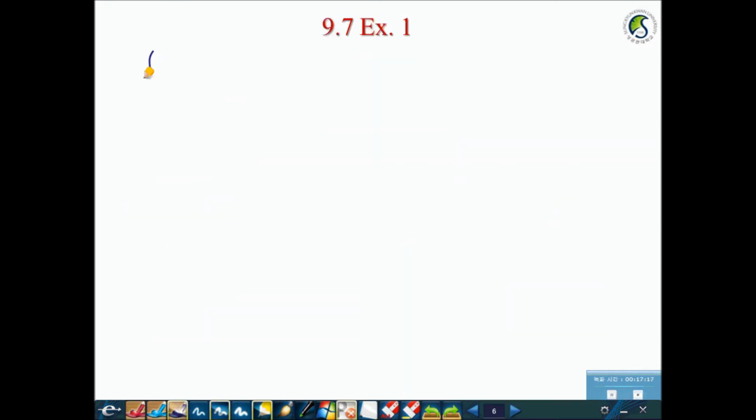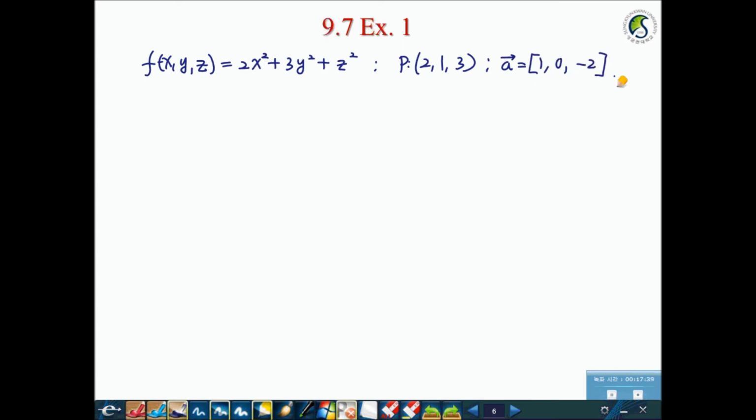All right, so f of x, y, z is 2x squared plus 3y squared plus z squared, and P is (2, 1, 3), and the direction vector A is (1, 0, -2). So let's get the directional derivative, D_A f of P. It's a number, so we don't put an arrow on top of it.